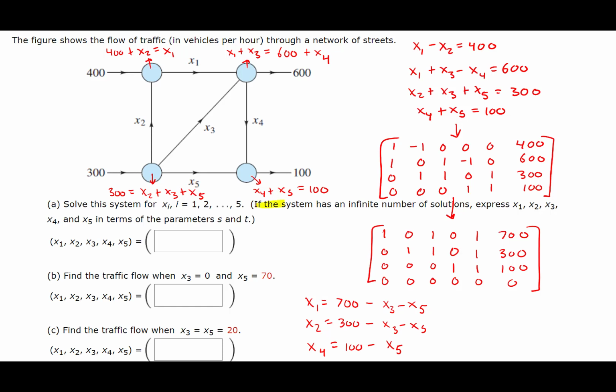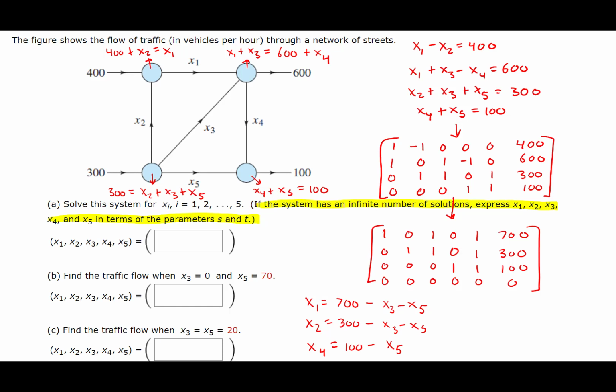All right. So if the system has an infinite number of solutions, we're going to express x1, x2, x3, x4, x5, that is all the traffic, in terms of parameters s and t. So we've only been able to solve for x1, x2, and x4. So that means x3 and x5 can be anything.